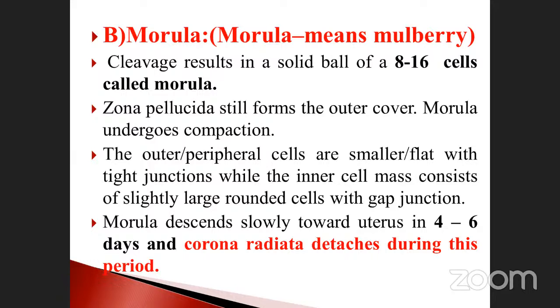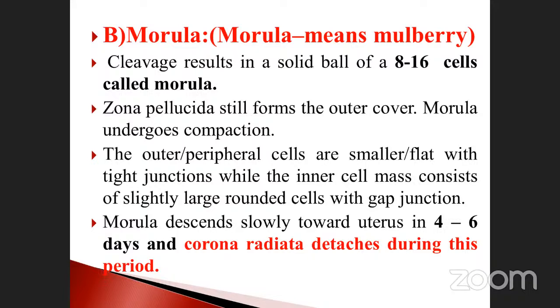During the cell division, the zygote divides into 2 to 4, 4 to 8, 8 to 16. That stage is called the morula. Here, the zona pellucida still forms the outer cover.